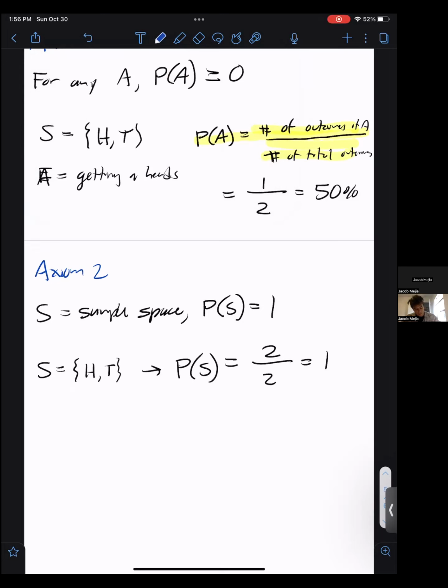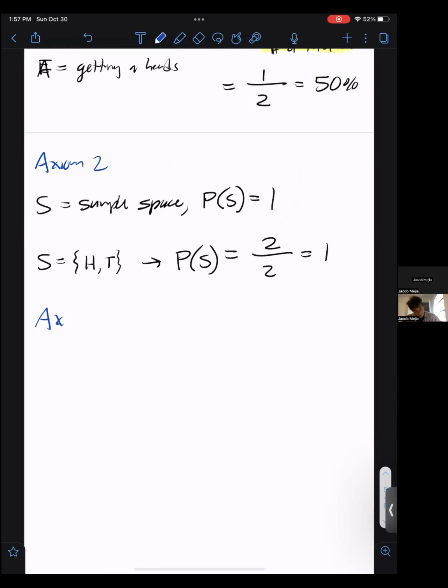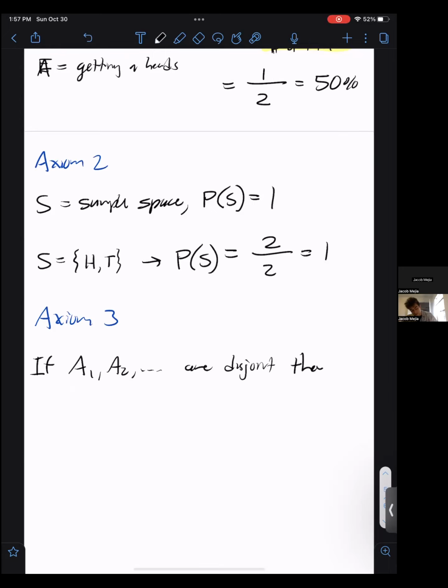And lastly, our third axiom states that if we have separate, unique events A1, A2, and so on, and they are disjoint, meaning that these events cannot occur at the same time, then the following holds.